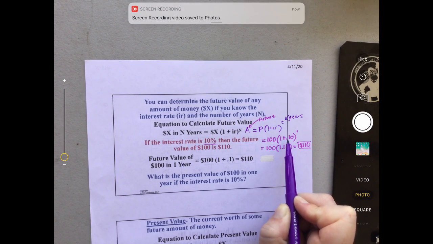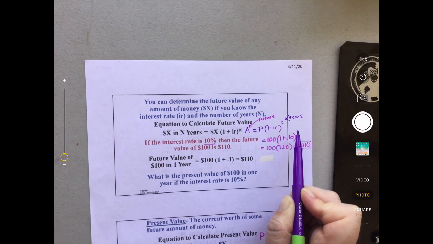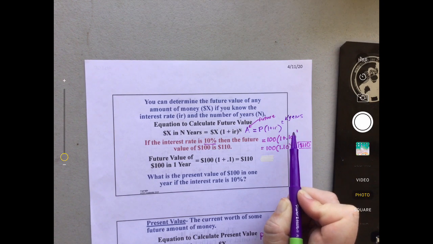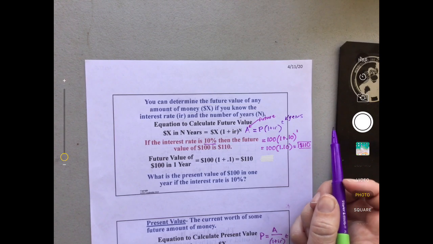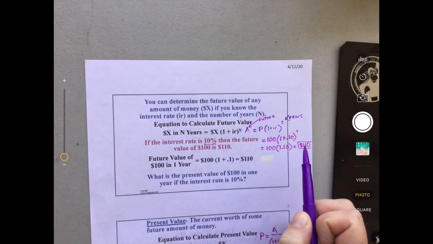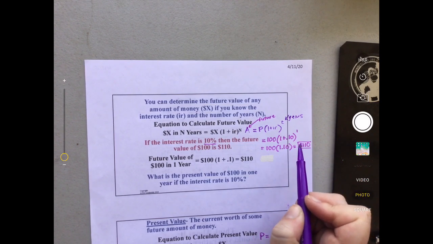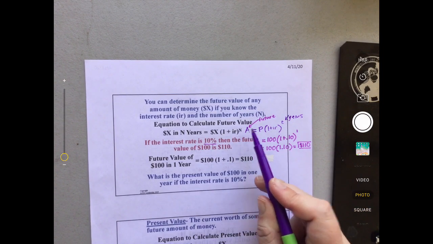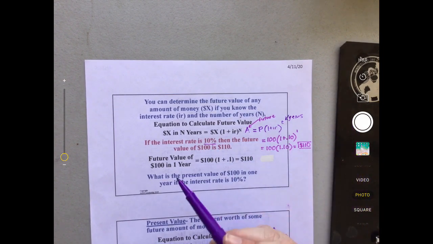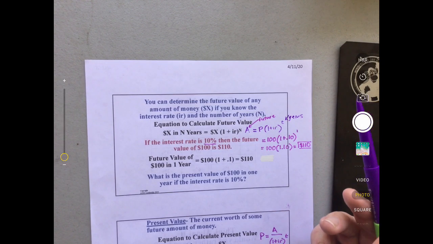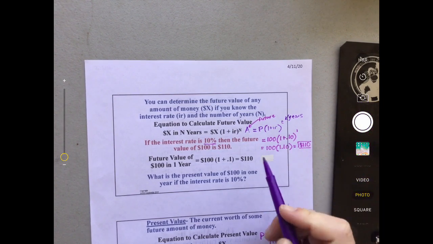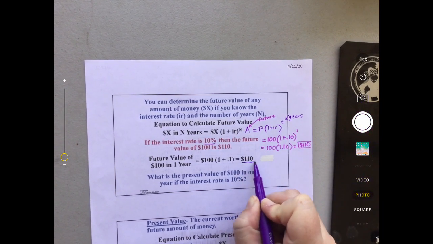The interest rate in decimal is 0.10 to the first power, because we want to know about 1 year from now. Well, after we do this calculation, we see that A, the future value, would be 110.